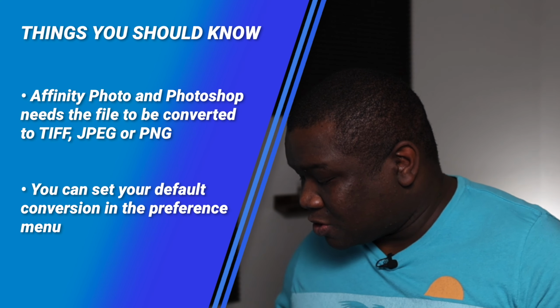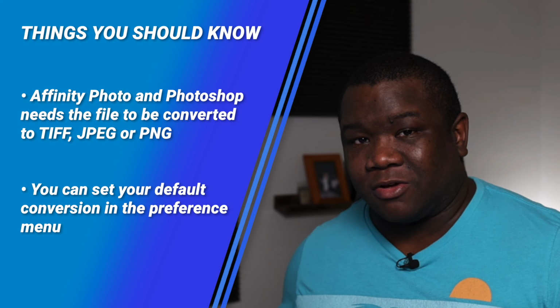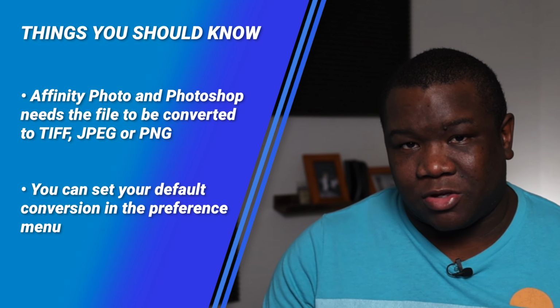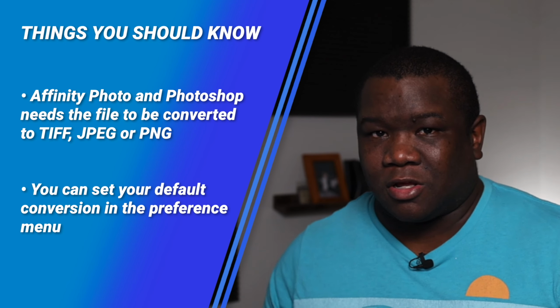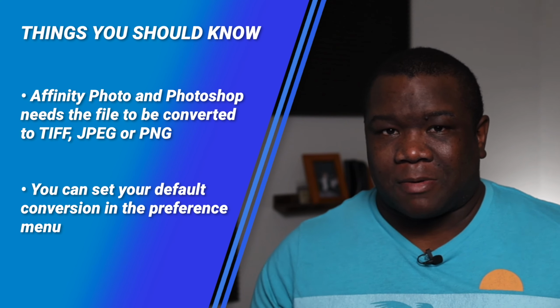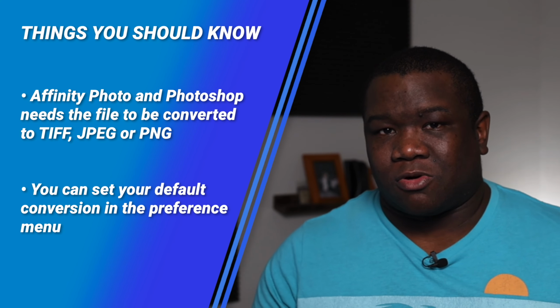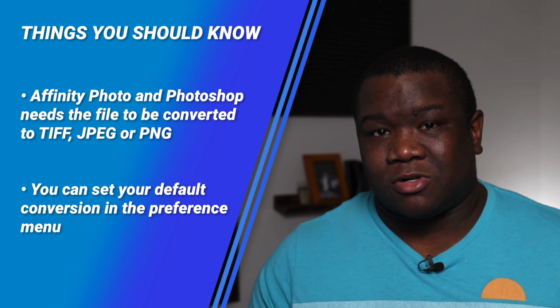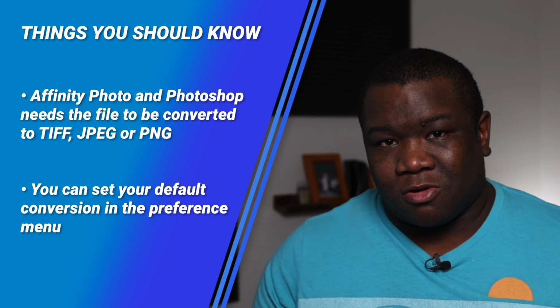Now, before we go into that, I do have to warn you, there are two things you need to be aware of. The first one is you will no longer have a raw file when you are moving between ON1 into Photoshop. Photoshop has to work with JPEGs or a rastered image of some sort, which means it can no longer be raw.